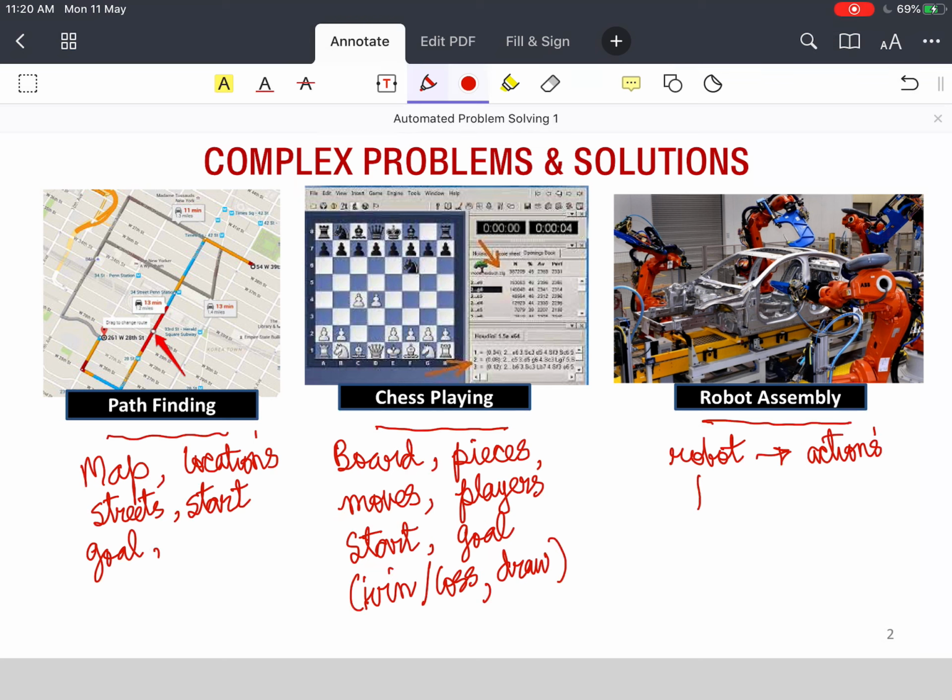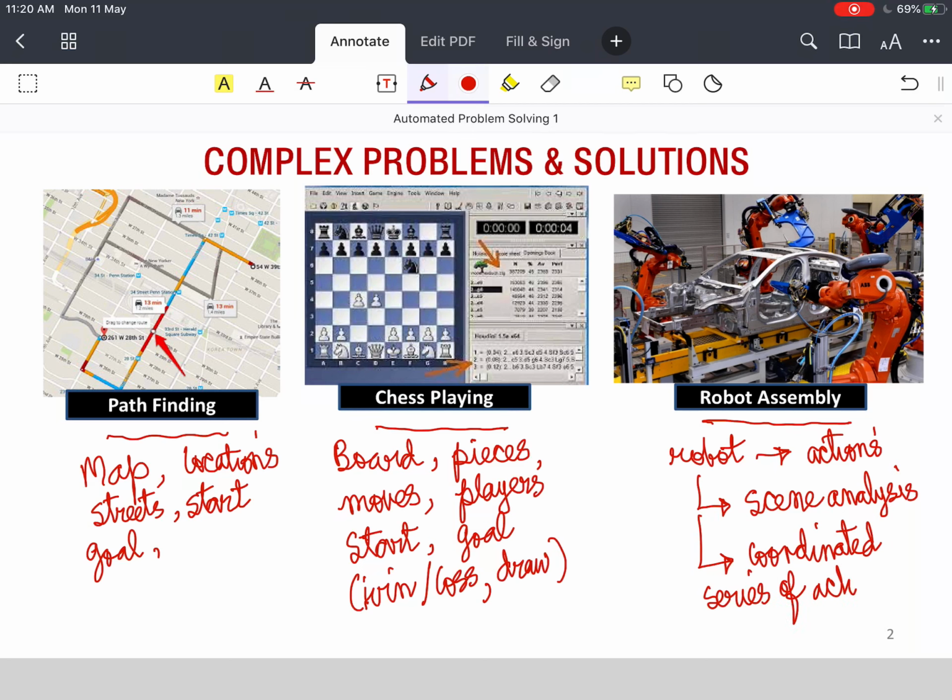Each robo will see the whole scene analysis and then perform a coordinated series of actions. This coordinated series of actions finally reaches the goal.